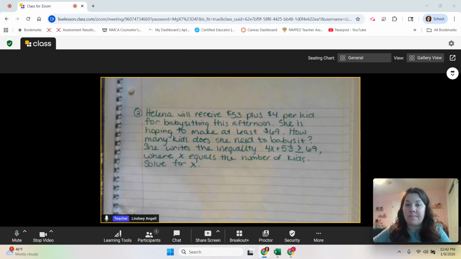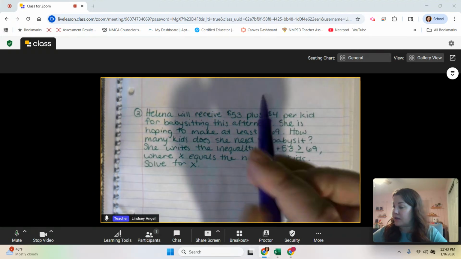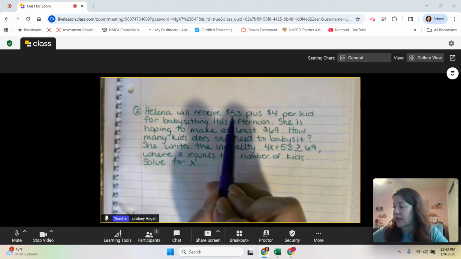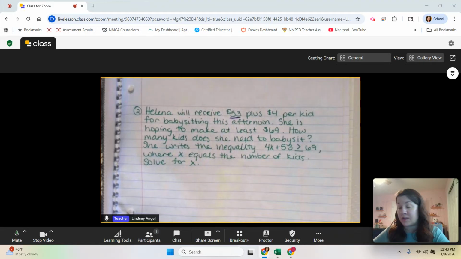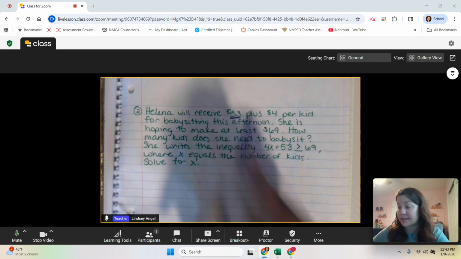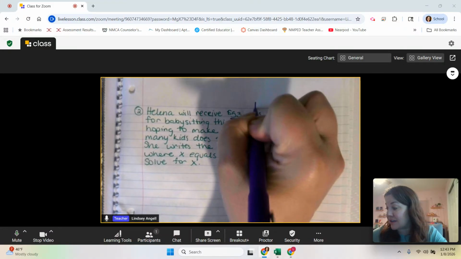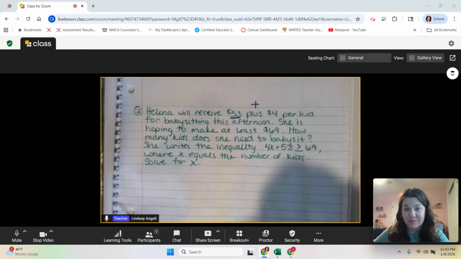So it says x is the number of kids. From what we can tell, she's going to receive a flat $53. She gets $53 no matter how many kids show up. Okay, plus, that's nice because we know that means addition, right?